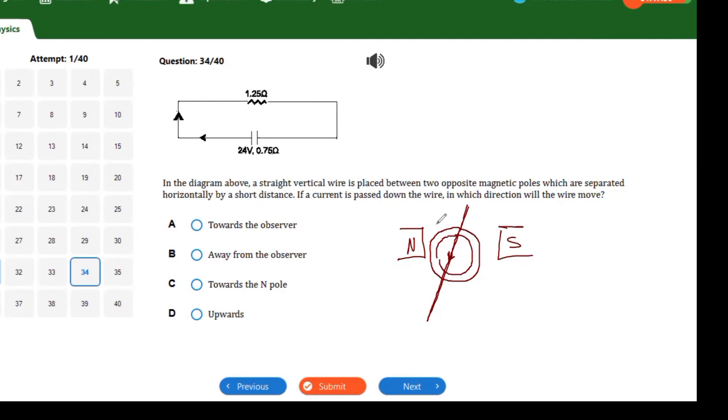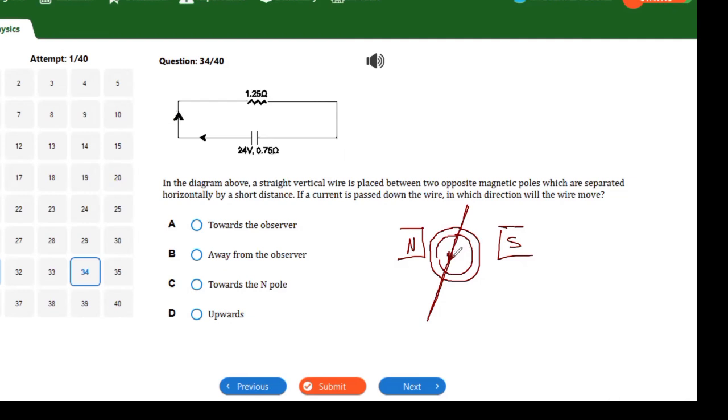So the question is now asking you direction. What will be the movement of this wire? Is it going to be toward the North Pole, toward the South Pole, or away from the observer? Toward the North Pole or upward.